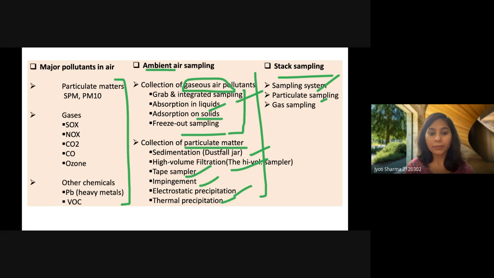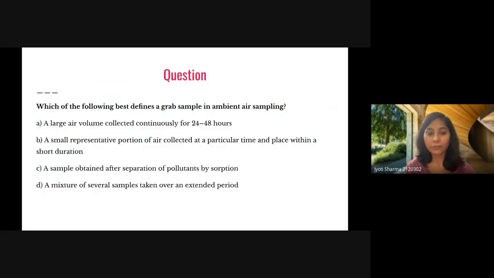Now I have questions and you have to tell me, right? So the first method of sampling of the ambient air is the grab sampling method, and you have to tell me which one describes the grab sampling method best. I have four options here.